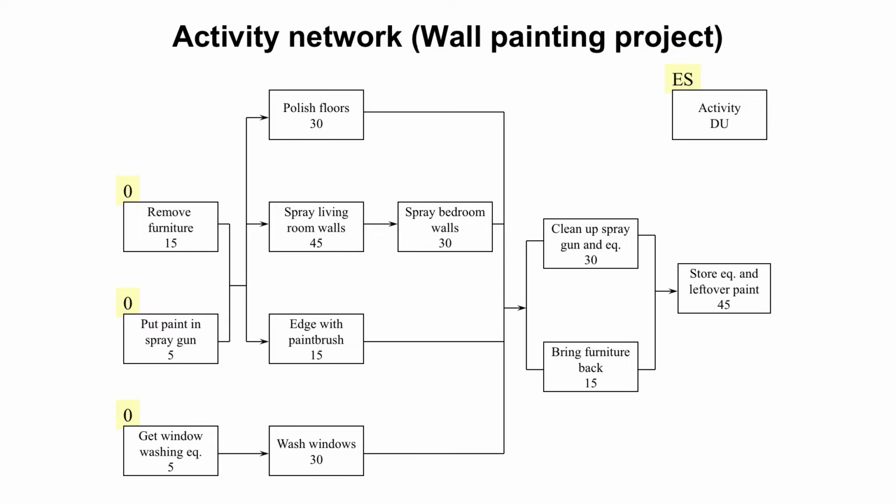Then we get the window washing equipment. Those activities don't have any predecessors. But then the arrows mark the dependencies to successor activities, and we also have the final activity there in this logical relationship describing network, where we store the equipment and leftover paint.